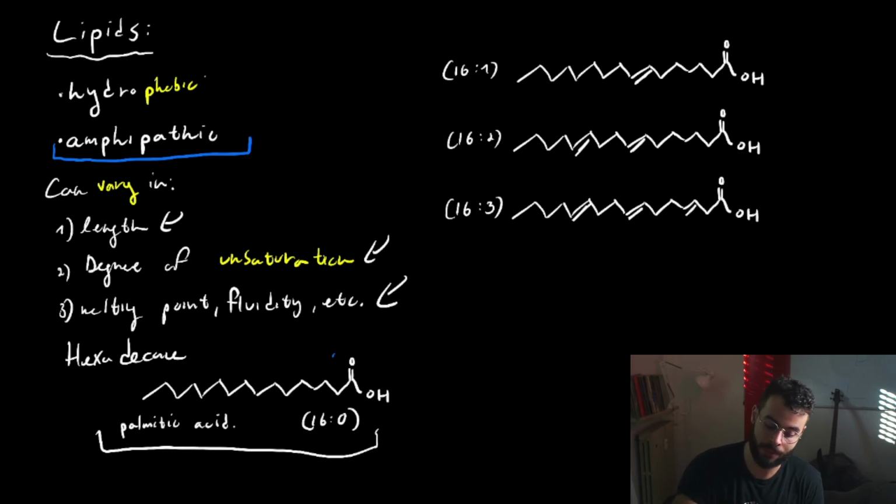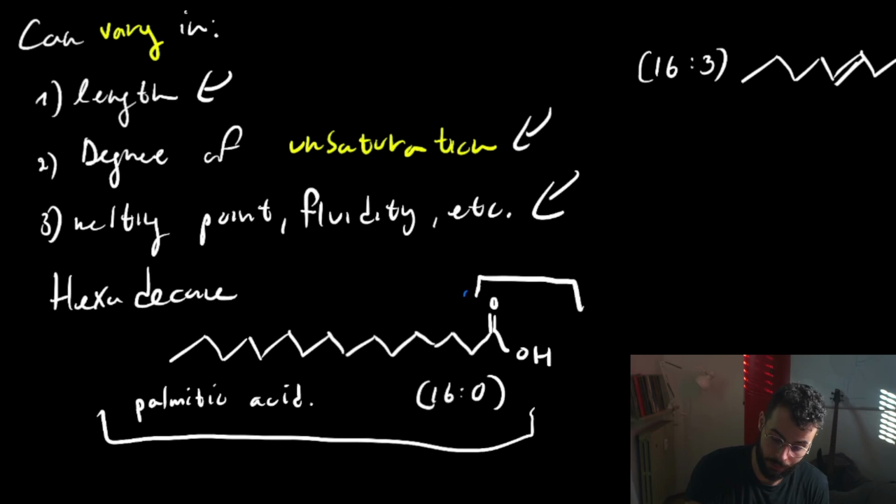But we also have the carboxylic group. So what we do when we want to name a fully saturated fatty acid with specifically 16 carbons in our case is we take off the E of the alkane and we put oic for the fatty acid, the fat part, and acid.